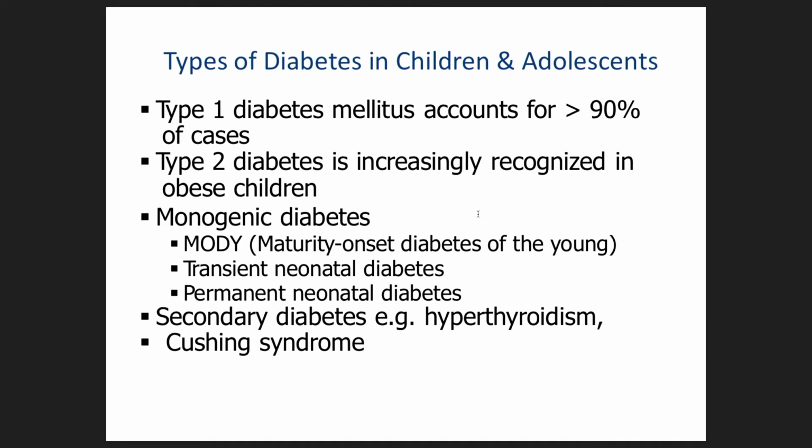If we look at the types of diabetes in children, children with diabetes have mainly type 1 until proven otherwise. More than 90% of cases of diabetes in children are type 1, insulin-dependent diabetes mellitus. But still, children could have other types of diabetes.